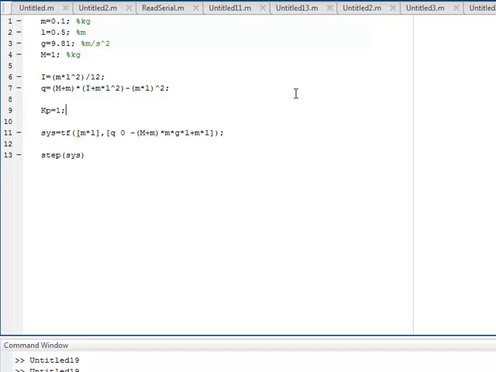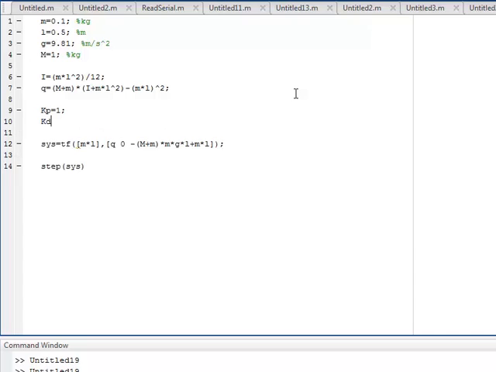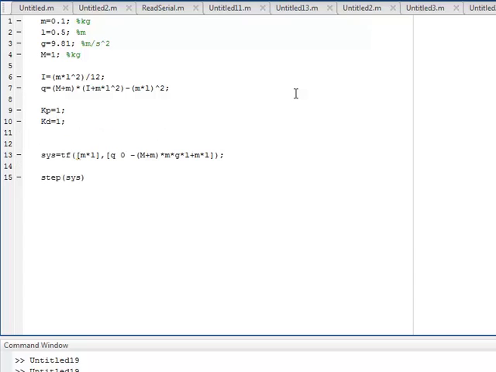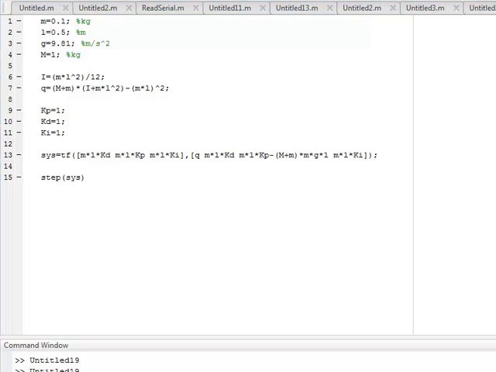I don't know what they should be, so I'm just going to set them all to 1 and see what happens. Now, I need to change my transfer function so that it is my complete system transfer function with the controller in the loop. So here's my new system transfer function.